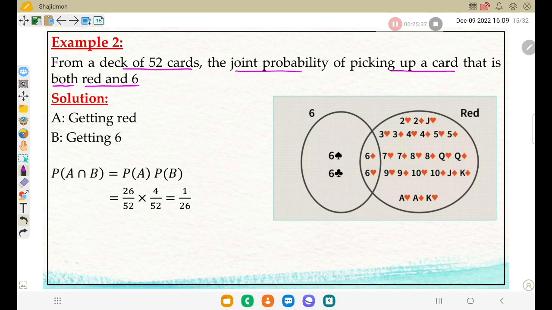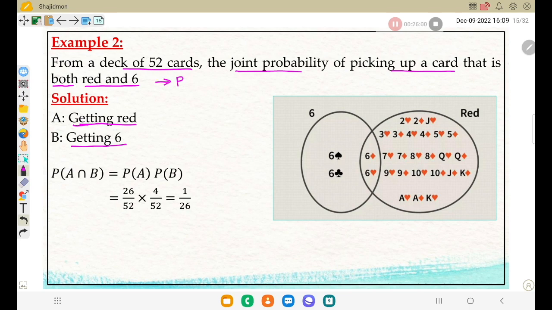So what happened here? Event A means getting a red card, because we need red and number 6. B means getting number 6, we need both. So what is our question? What is the probability that the card is both red and 6?